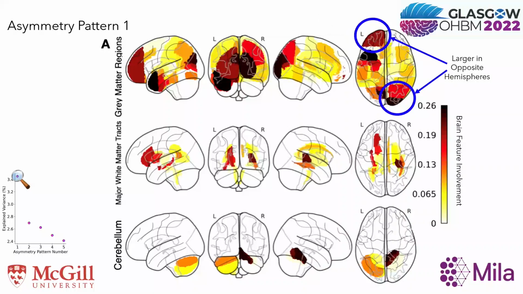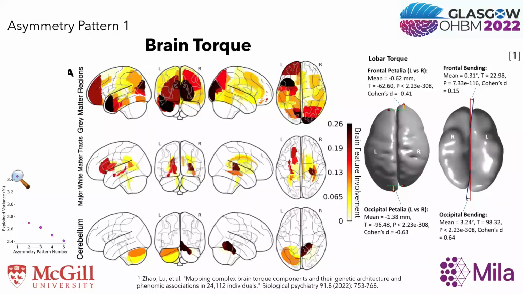By contrast, the frontal and occipital poles had opposite signs, which indicates that asymmetries in the frontal pole co-occur with contralateral asymmetries in the occipital pole, and this pattern of contralateral frontal and occipital enlargement sounds an awful lot like brain torque, which is a phenomenon wherein one hemisphere of the human brain is positioned slightly posterior to the other, causing a relative protrusion and enlargement of the right frontal and left occipital poles.